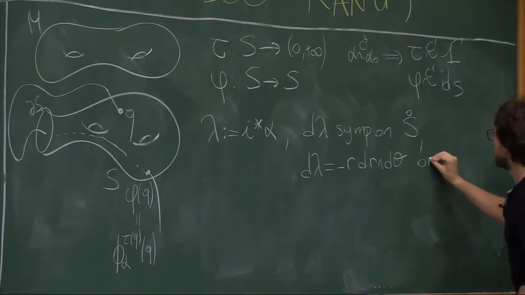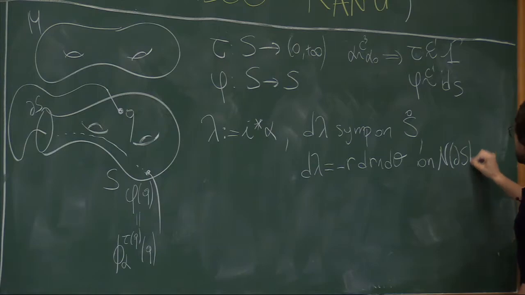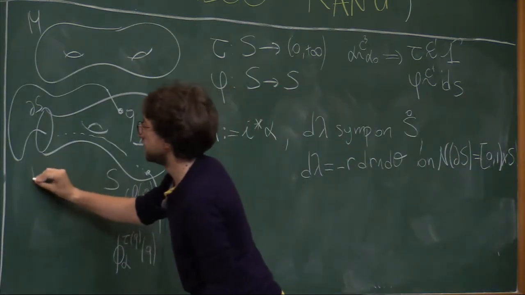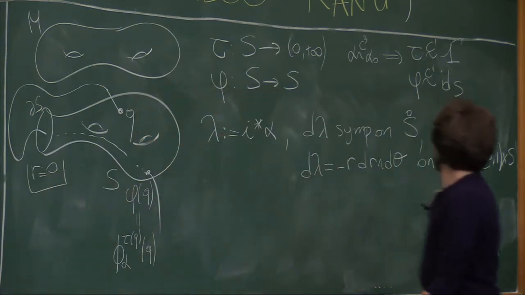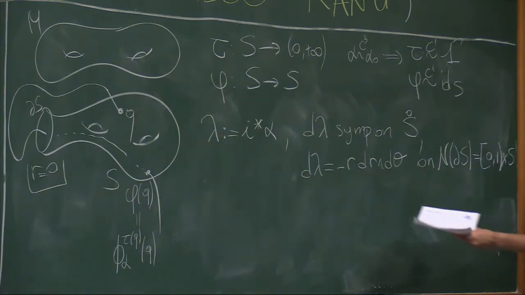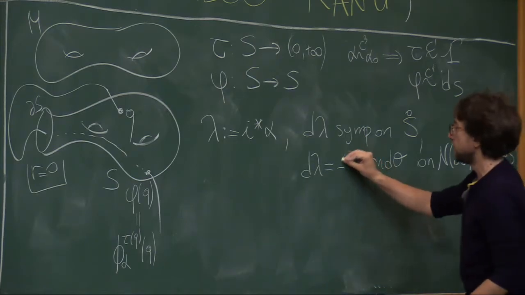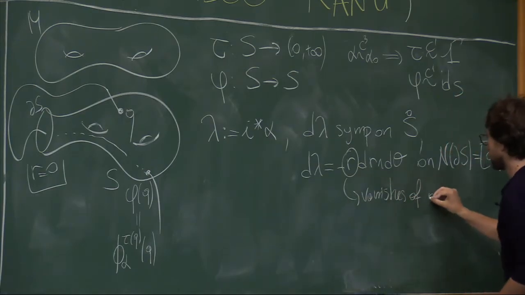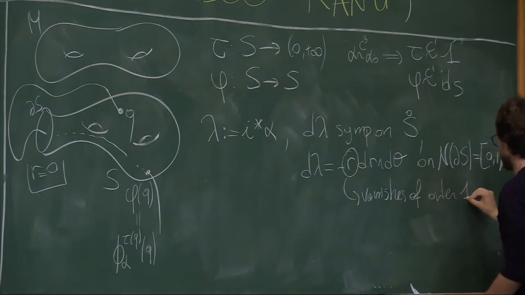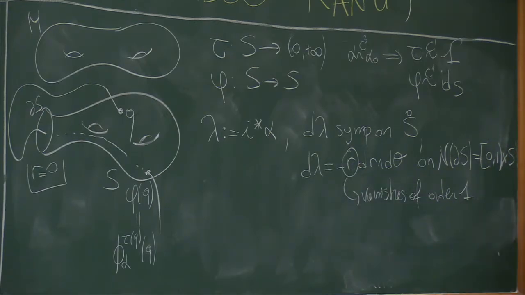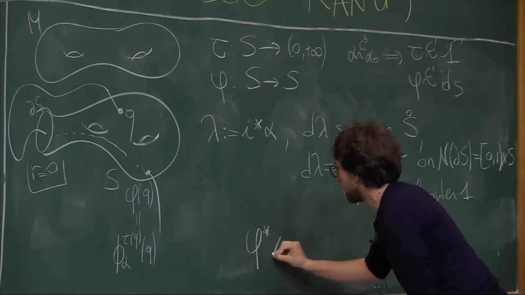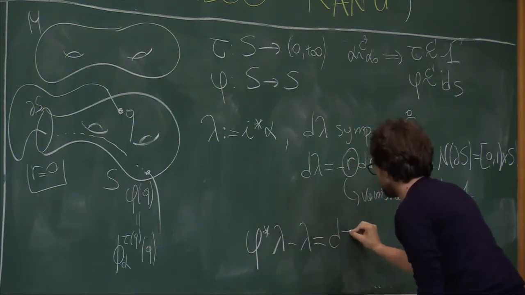Okay, this is on a neighborhood of the boundary, which is diffeomorphic to [0,1) times S1, where r equal to 0 is just the boundary. And so we see that at the boundary, the form is not symplectic anymore because this term vanishes, of order 1. And nevertheless, we have this compatibility condition: phi star of lambda minus lambda is d of tau.